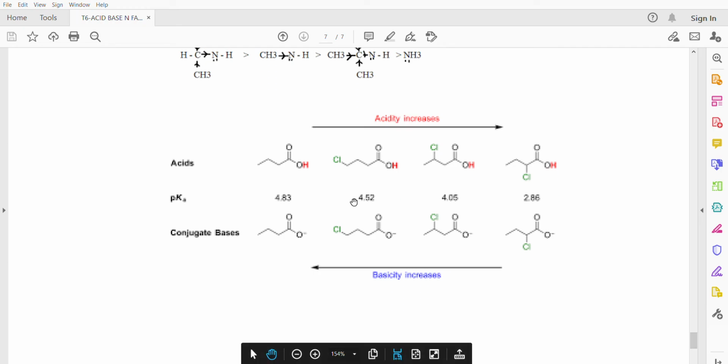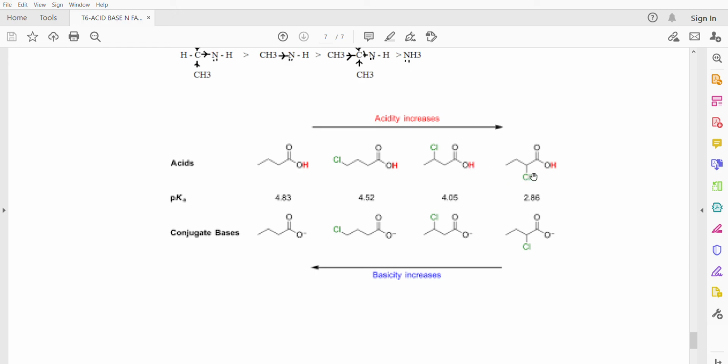Now if we see here, we have to look after the removal of the proton: this chloro is near to the negative charge on the conjugate base. The H will be removed, the red part will be removed, so this chloro is near to the anion. Here it is far away, more far away, and there is no chloro group. So if the chloro group is near, its effect is prominent.